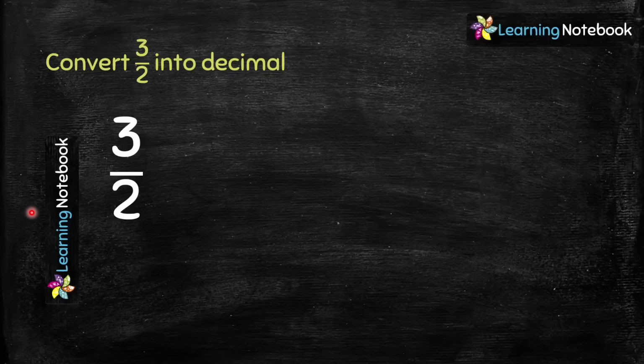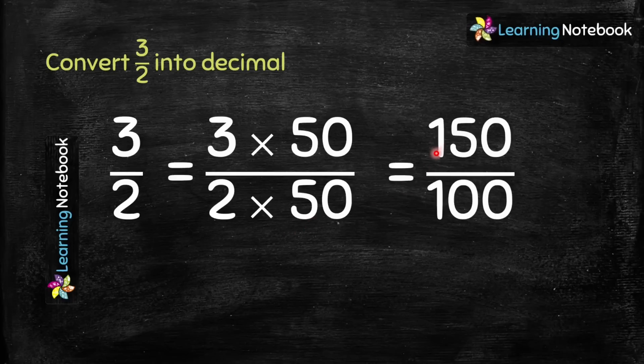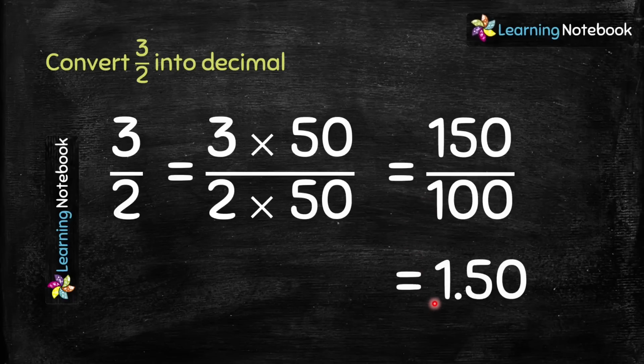Again, we have to make the denominator 2 as 100. So let's multiply both numerator and denominator by 50. We get 150 upon 100. And we can easily convert this into decimal as 1.50.